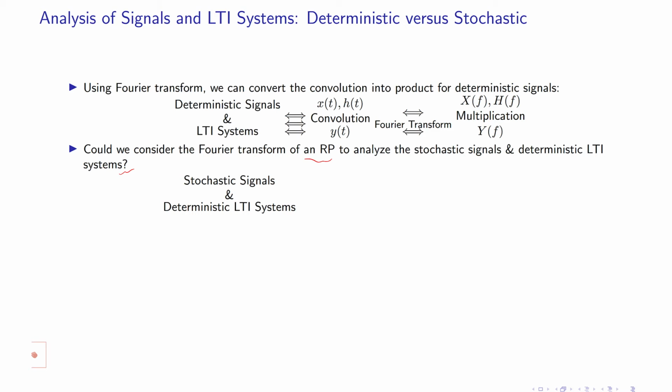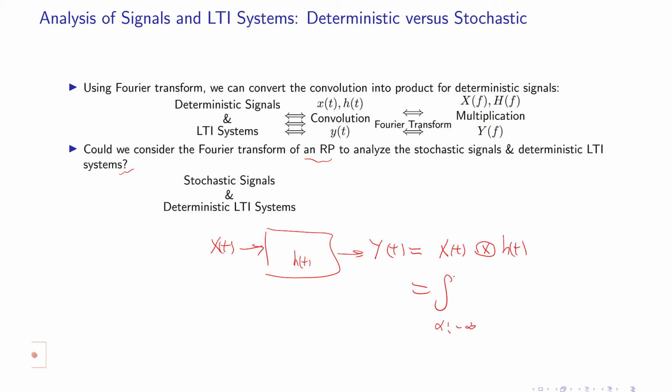So, of course, in this case, if my input is x of t random process and I give it to an LTI system with impulse response of h of t, somehow I have to define y of t, and y of t becomes the same convolution integral, x of t convolved with h of t, which is equal to integral of the same dummy variable alpha from minus infinity to plus infinity, h of t minus alpha, and then x of alpha d alpha. Of course, subject that this integral converges.